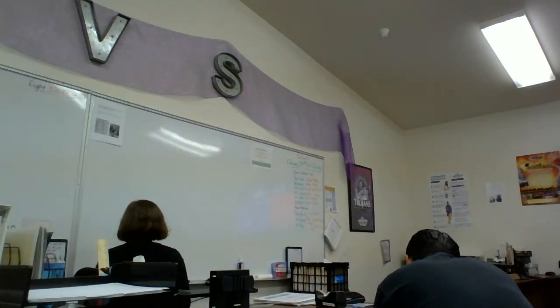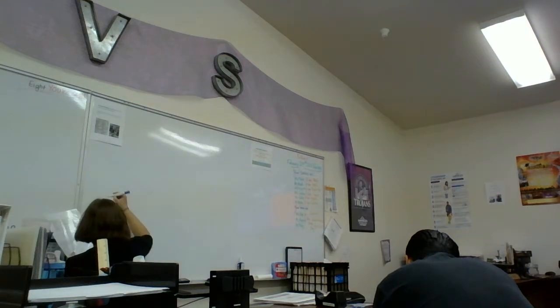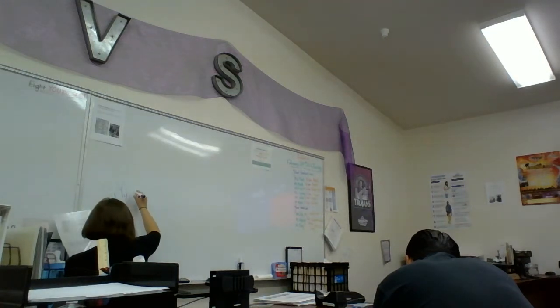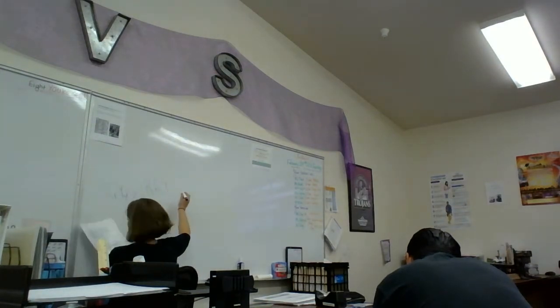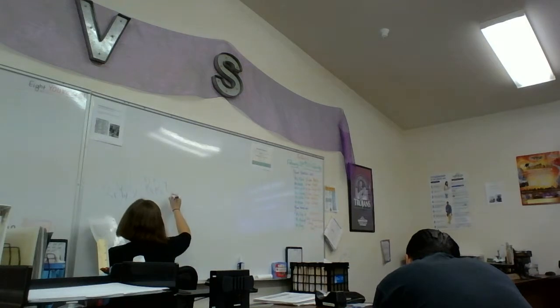So our genotypes are big R, little r, and big Y, little y, crossed with big R, little r, and big Y, little y.